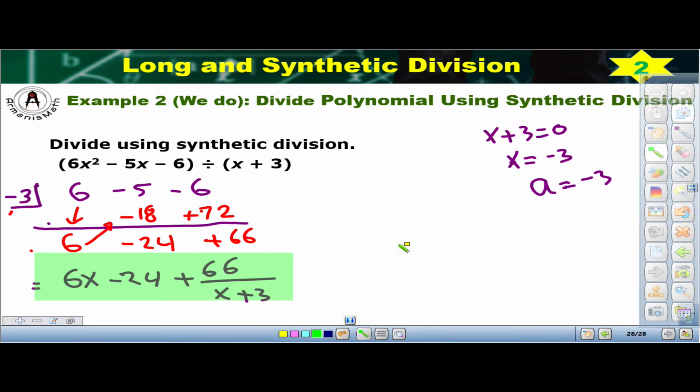So that's far. Which one do you like more, synthetic or long division? Maybe we should vote on this. If you like long division, give me a yes. If you like synthetic, give me a no. Yes for long, no for synthetic.